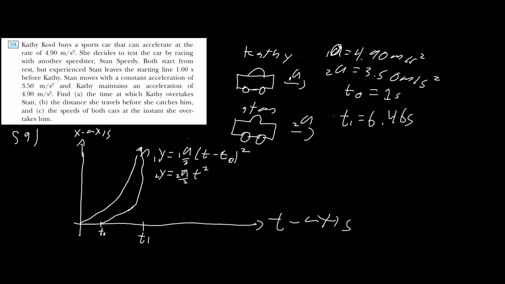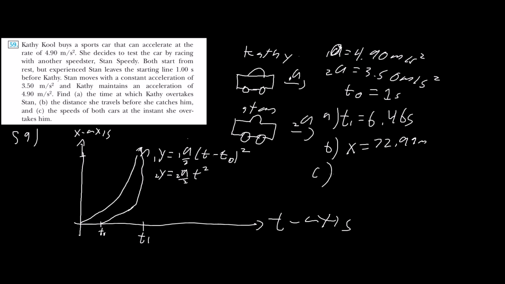So this is the distance it travels before she catches him: 72.99 meters. That's the position. So T1 is going to be 6.46 seconds, and then the speed of both cars at the instant they meet.